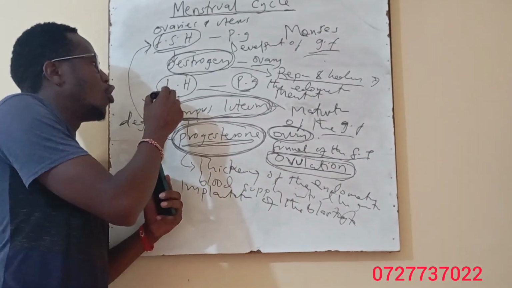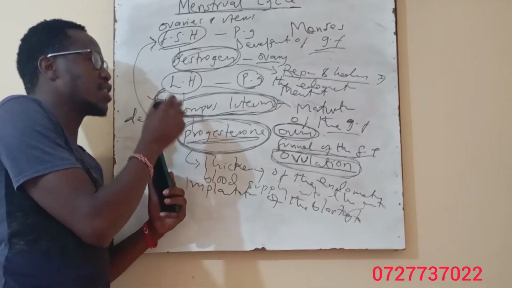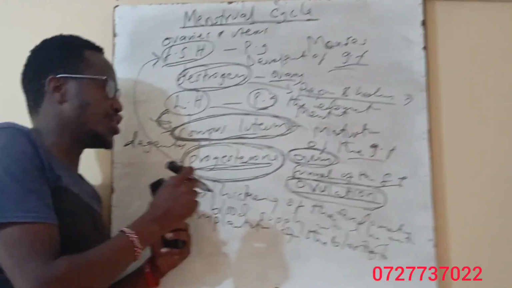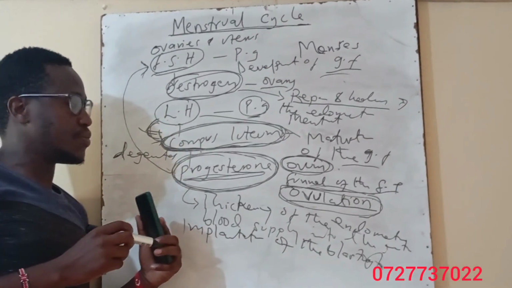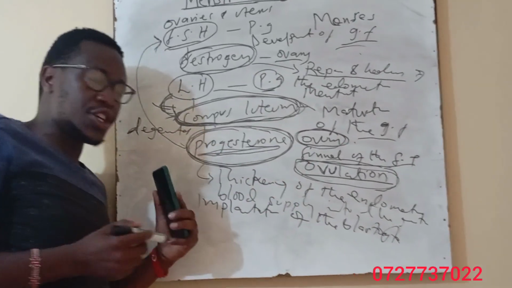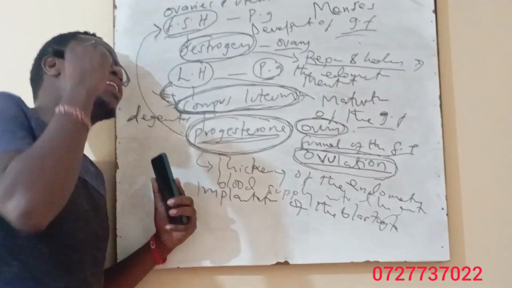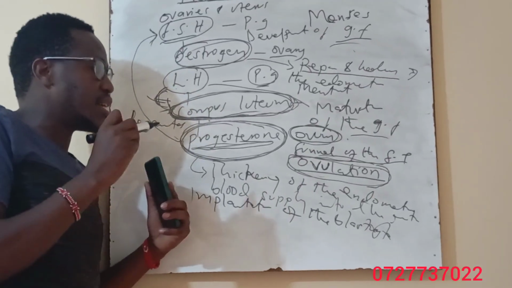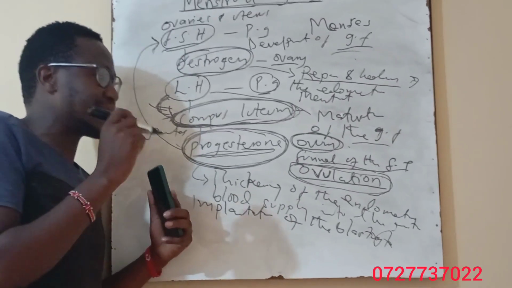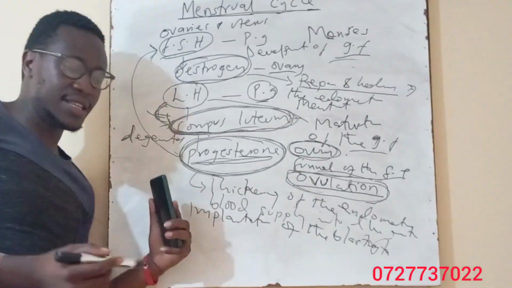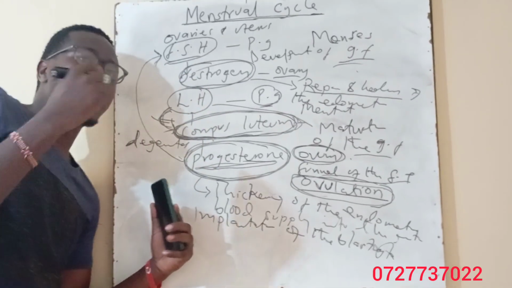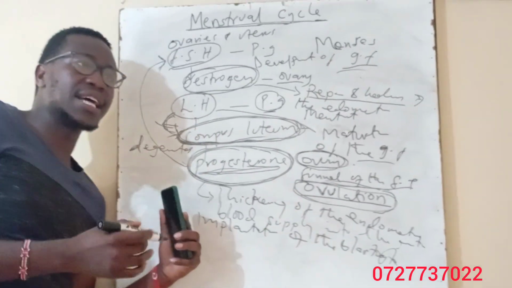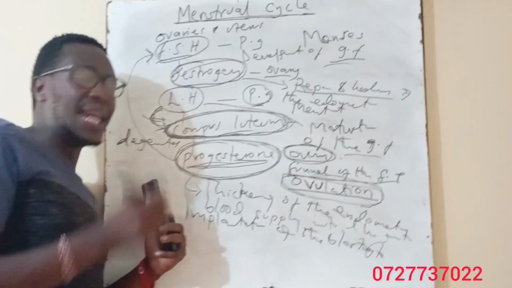This progesterone brings about thickening and increased blood supply to the endometrium, and this prepares for the implantation of the blastocyst.